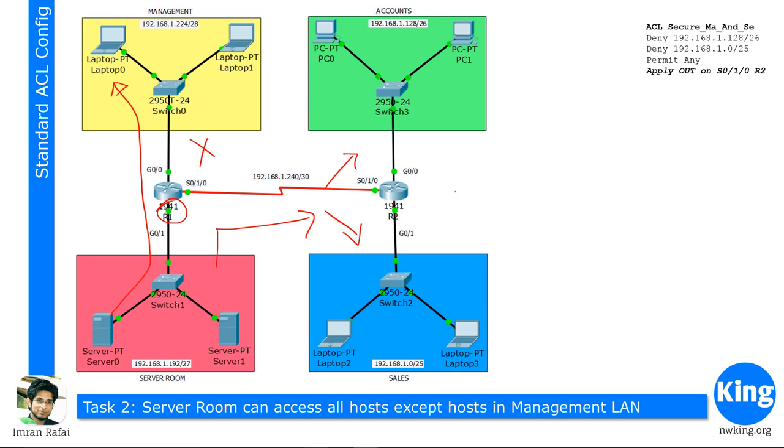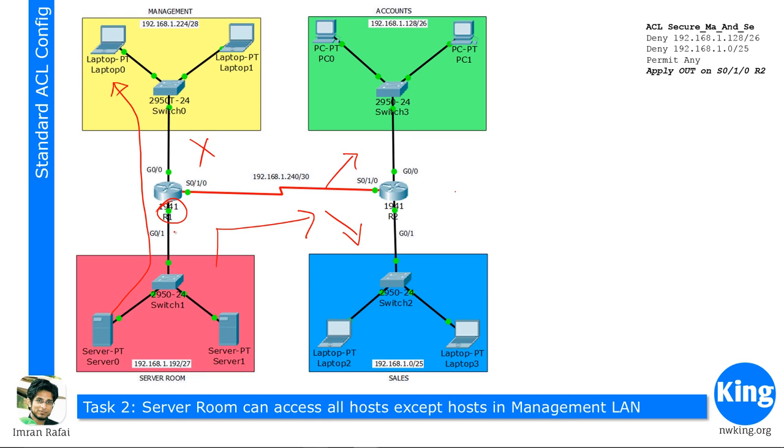Like I said, standard ACL is source IP address. So every traffic, even traffic that is going to accounts, will still have source IP address 192.168.192. Anything that is going to sales also will have source IP address 192.168.192.